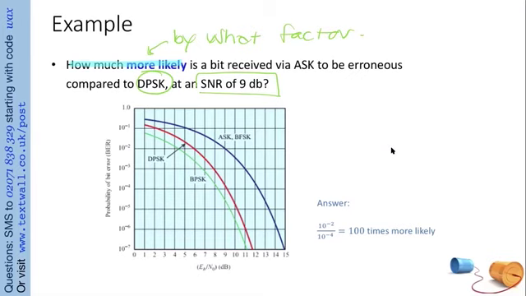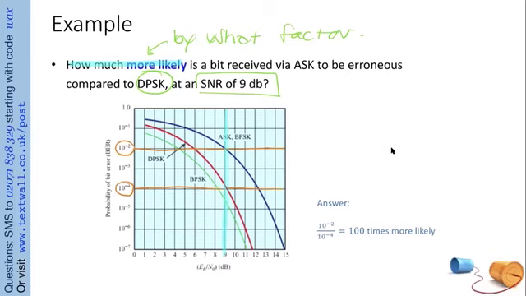Okay, so we have a signal to noise ratio of 9. So that's that there. So at that signal to noise ratio, how much more likely are we to receive a bit in error using ASK compared to DPSK? Well, at ASK, you have a bit error rate of 1 in 100. And for DPSK, you have a bit error rate of just over 1 in 10,000.